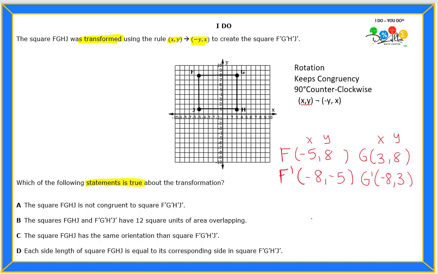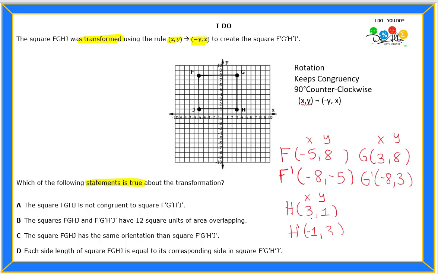Then we're going to go to H, okay? And H is 3 and 1, positive, both of them, right? And this is X and Y. So the Y changes to the opposite, right?